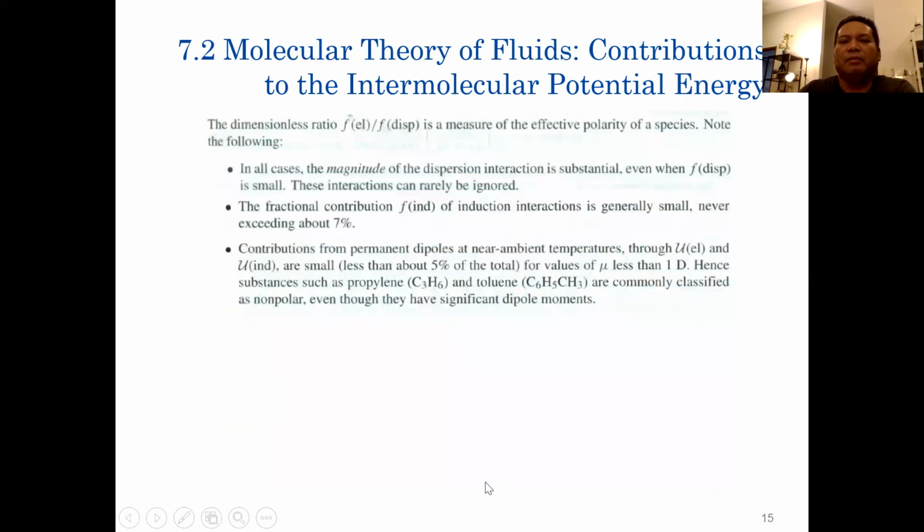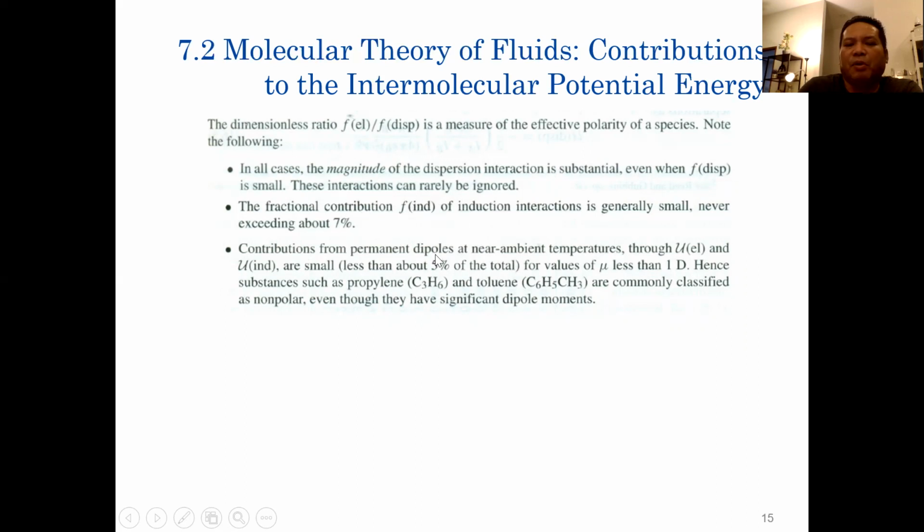So the dimensionless F electrostatic and F dispersion is a measure of the effective polarity of a species. In all cases, the magnitude of the dispersion contribution is substantial. Even when F is small, this contribution can rarely be ignored. The fractional contribution F induced is generally small, never exceeding about 7%.